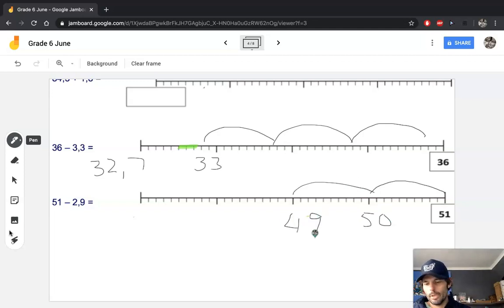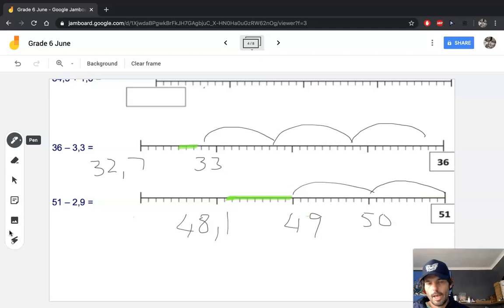All right, and then we just need to go back those 9 tenths, and we can see that it leaves us with an answer of 48,1.